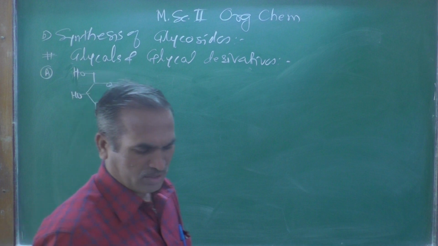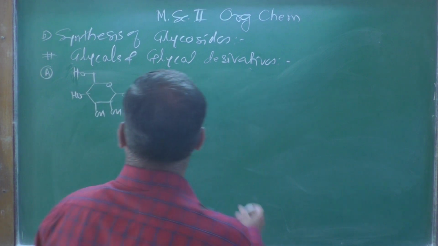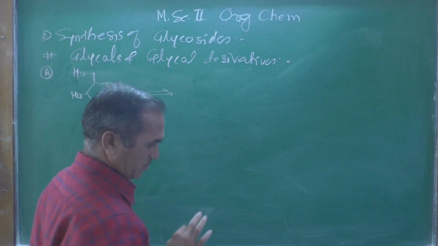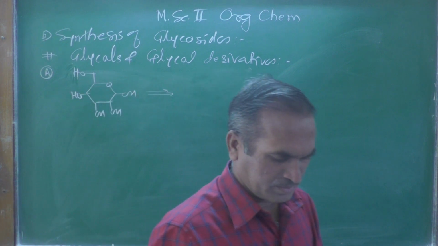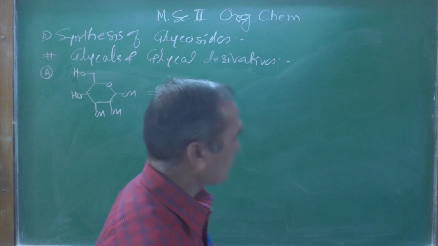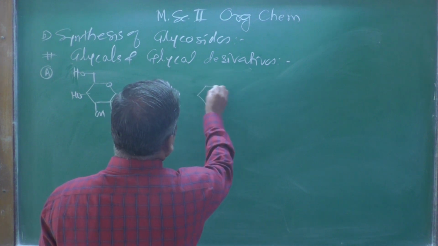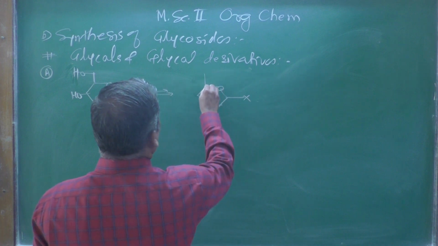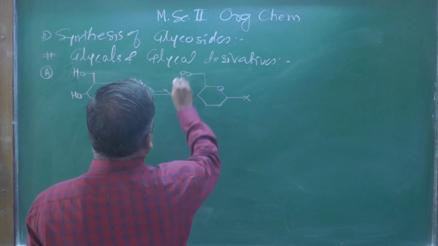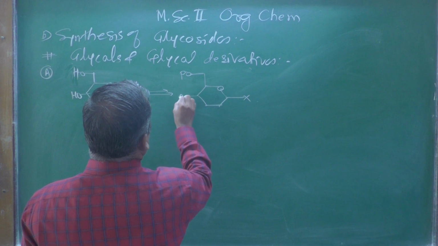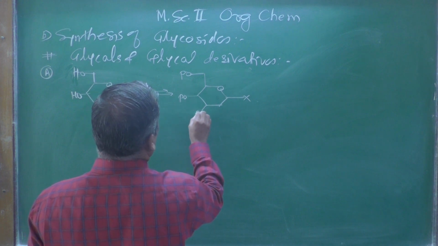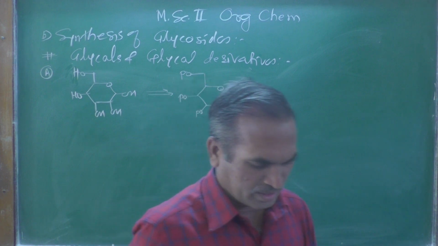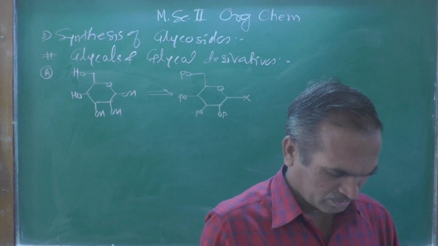This is one of the compounds, and carrying out this reaction in many steps, you will arrive at this structure. Here you can show X, then PO, here also PO, here also OP or PO.